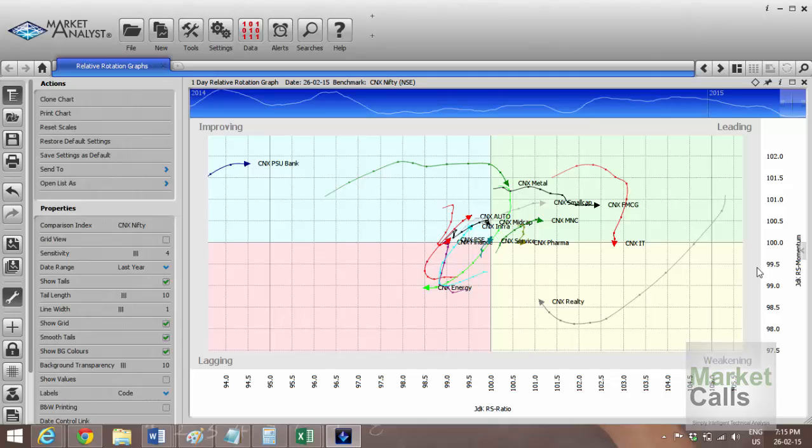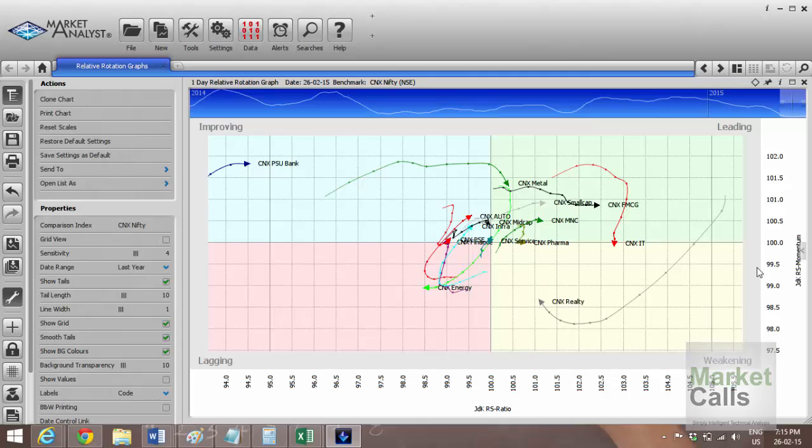You can see metals are possibly in a good move. Small cap is in good momentum. FMCG is in good momentum and is relatively outperforming Nifty. MNC is another sector which is outperforming. Possibly CNX IT might underperform.